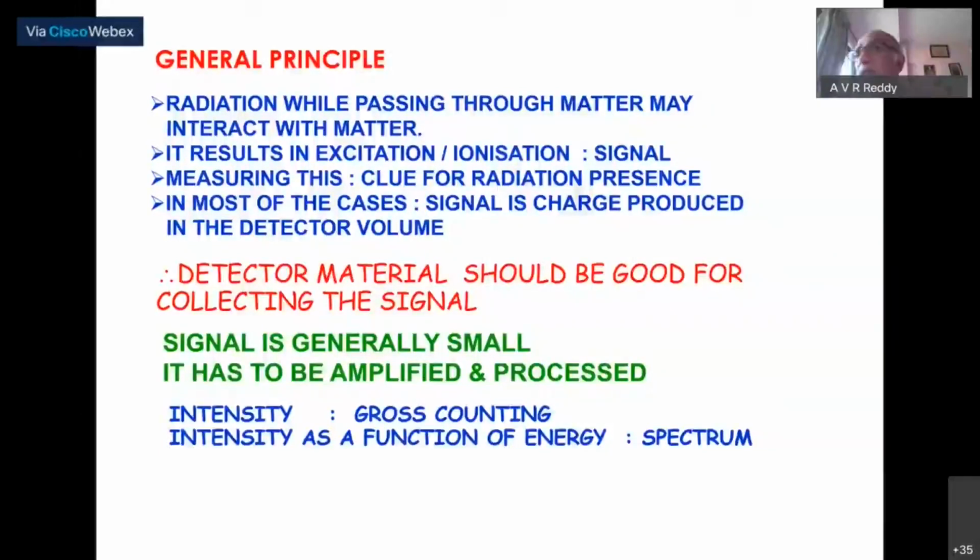The peak position or centroid represents the energy of the radiation, and the peak area represents the intensity of that particular ray, let us say a gamma ray in a gamma spectrum. That will be related to the emission probability, and from there we can get the concentration of the isotopes.